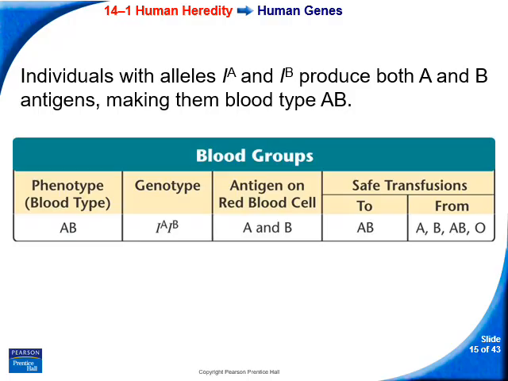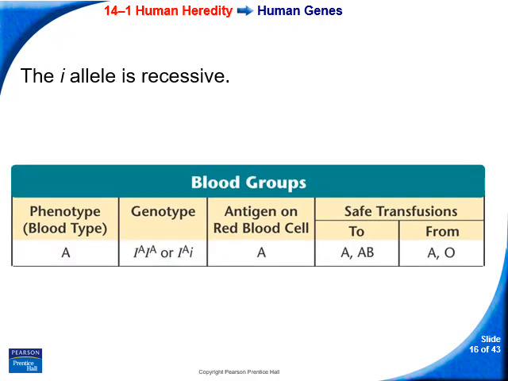Blood type AB would have the genotype A and the genotype B, and because they're codominant, you express it as AB. Now, you can safely transfuse AB to blood type A, B, AB, and O. AB is a universal recipient, and you'll have to remember that.